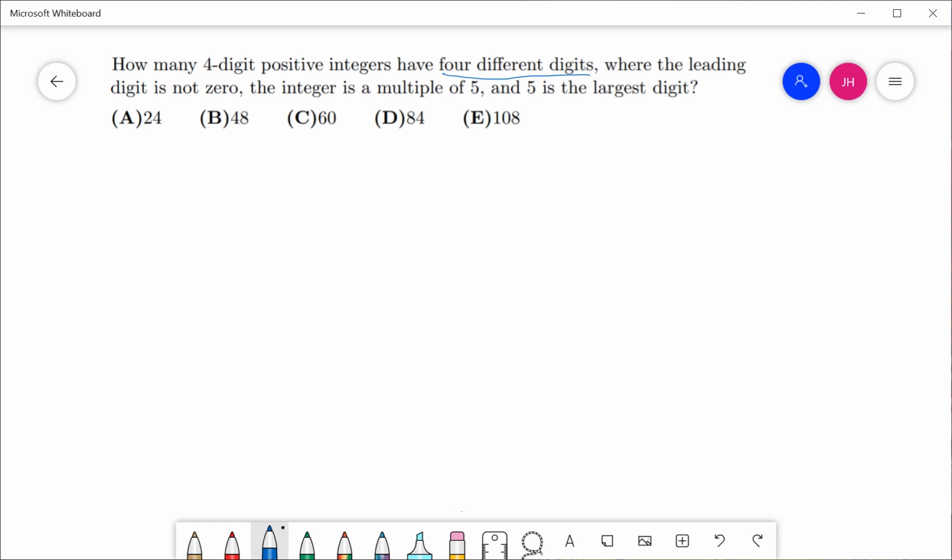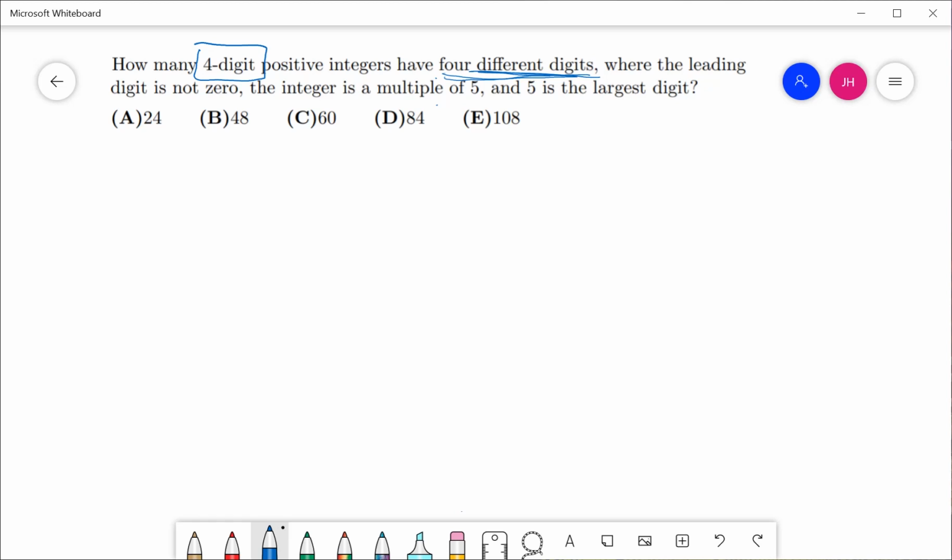And there are some major characteristics for these integers. One is it's a 4-digit number. The second one is the digits are different. The leading digit is not 0, so that's kind of straightforward.